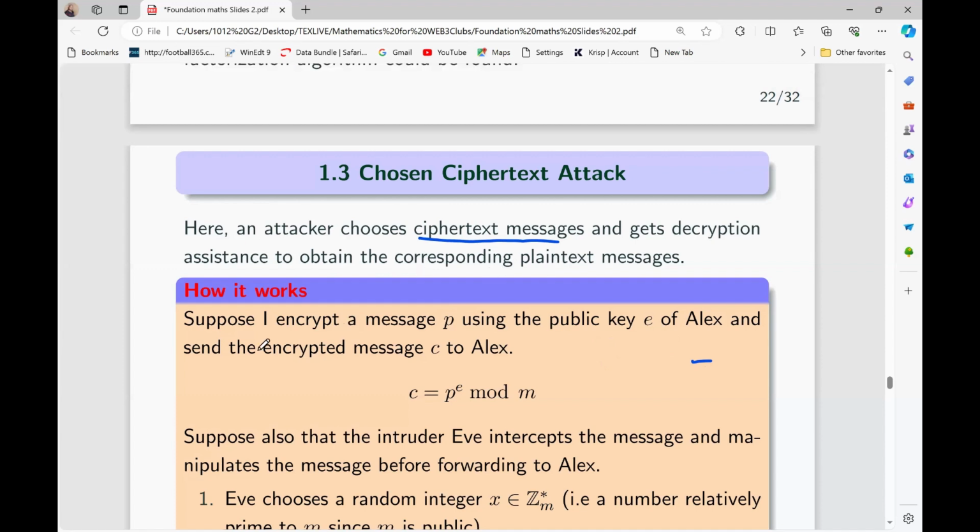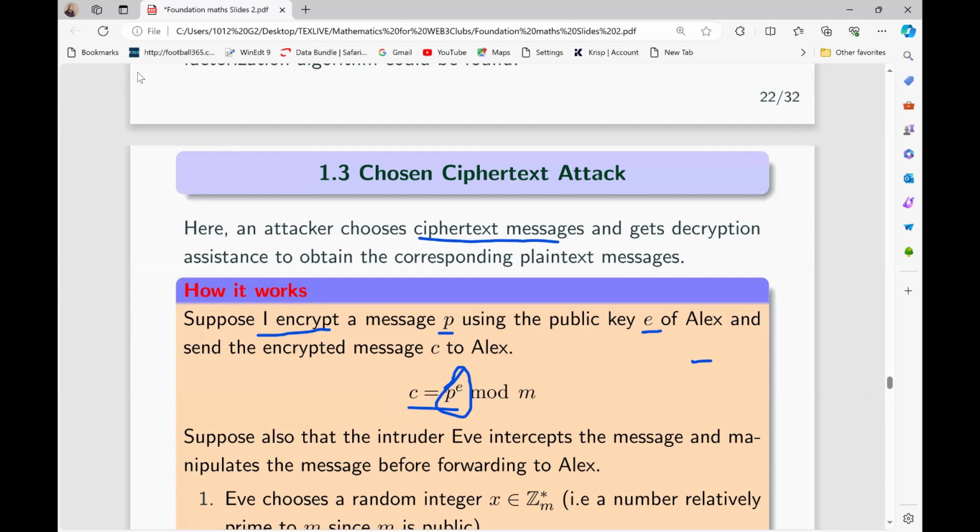So supposing it's me, I encrypt a message. My original message is P. I encrypt it using E. So this is my ciphertext, P raised to E. Now this is the message I want to send Alex.